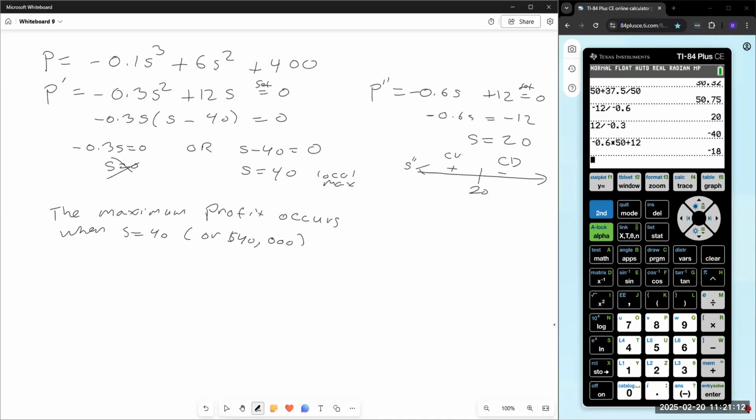And then the point of diminishing returns occurs when S equals 20, or $20,000.